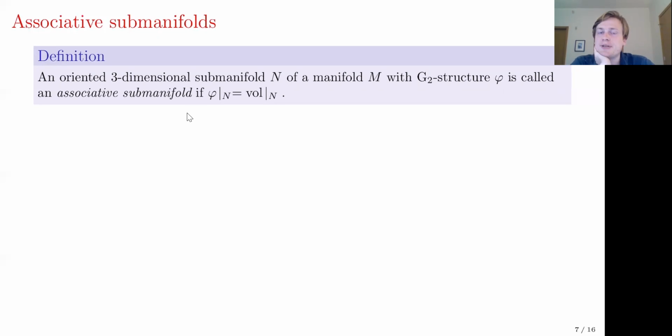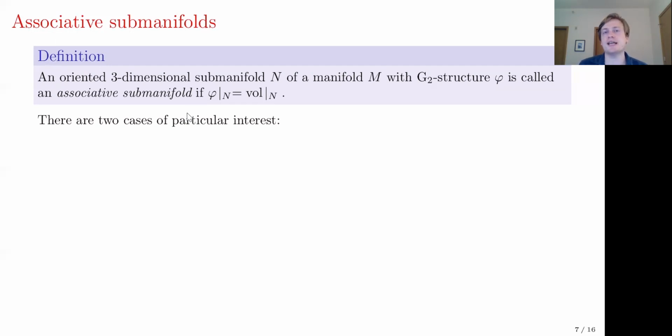An oriented 3-dimensional submanifold N of a manifold M that has a G2 structure phi is called an associative submanifold if, when you restrict the 3-form phi to N, it is equal to the volume form on N. You get a volume form on N because M admits a Riemannian metric, so we can restrict the Riemannian metric on M to N and look at the volume form there. We're asking that volume form be equal to phi restricted to N. So this is a non-trivial condition on the 3-dimensional submanifold N.